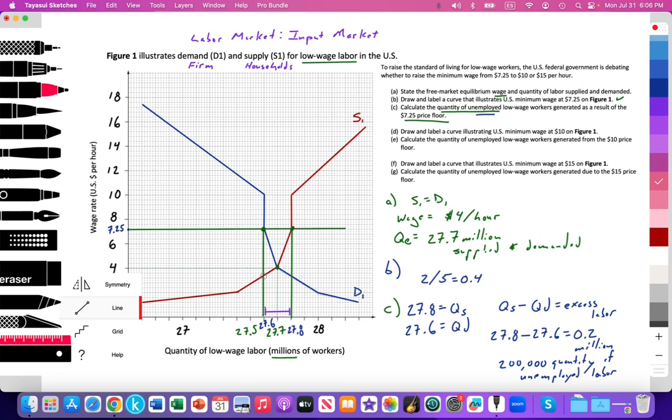All right, these workers here along the supply curve, they're looking for work but cannot find work because the level of demand has decreased now to 27.6 million. So these households here along this supply curve are not able to find a job and thus in theory are unemployed. So 200,000 workers at $7.25 are willing to offer their labor for work but cannot find an employer that's willing to employ them for that wage.